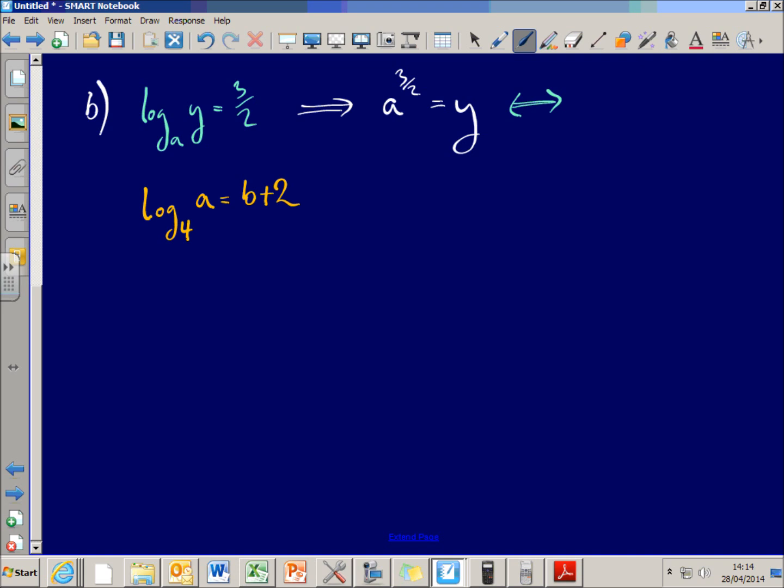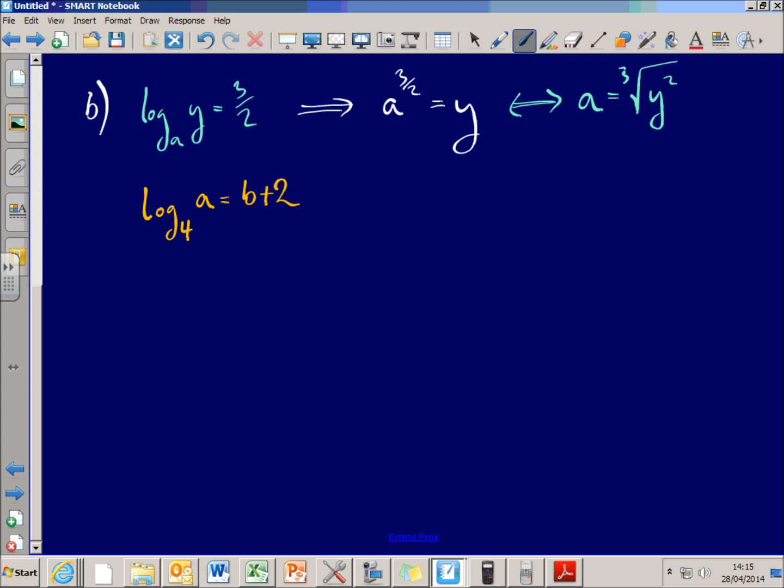What does that 3 over 2 mean? Yeah, it's a cubed and square rooted. So what does that mean a is? A is what? Y squared cube rooted, yeah.